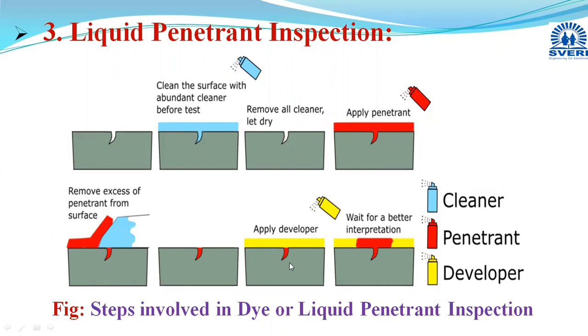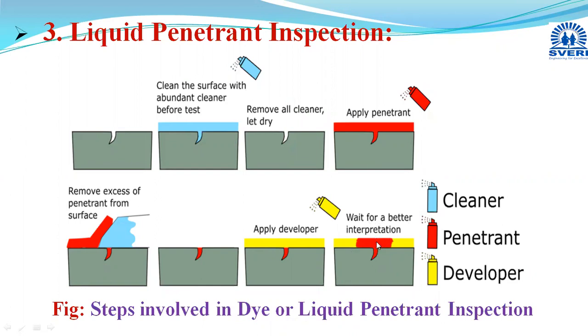Then what will happen after giving some time, after application of the developer? Whichever dye or red penetrant is there, that red penetrant will be pulled out from the area of the defect. Here a defect is present in this particular area, the penetrant is pulled out from that defect, and that area will become red, and you can easily find out that at that particular spot a defect is present.